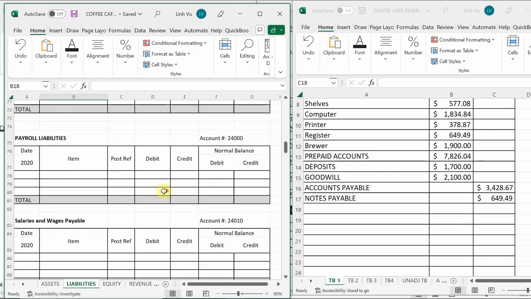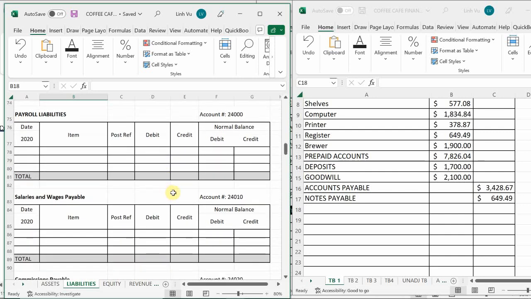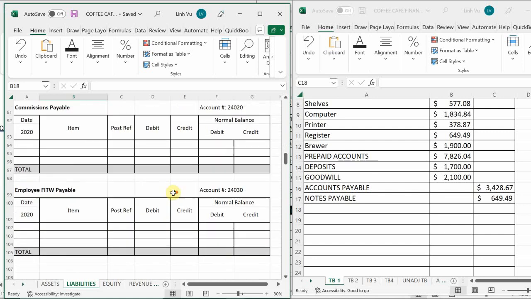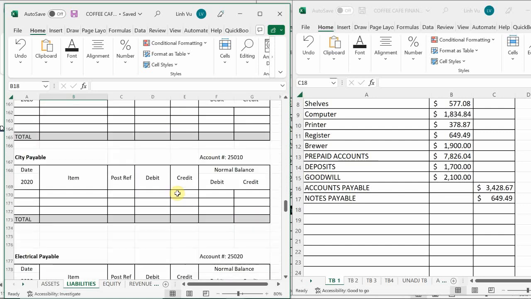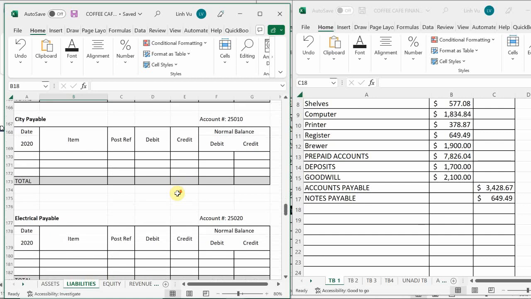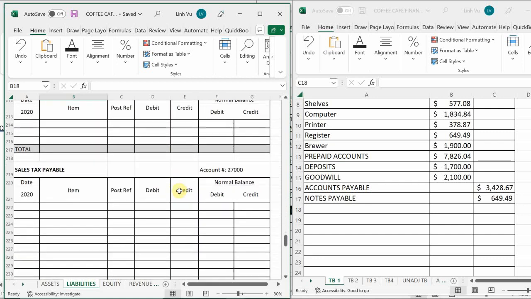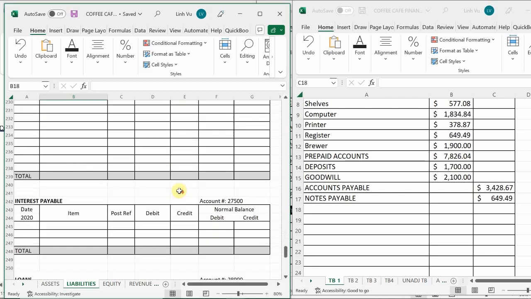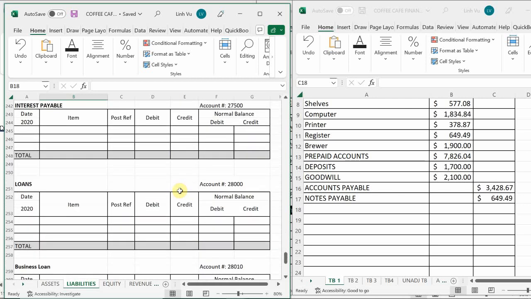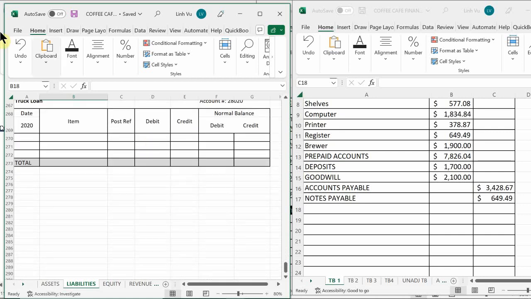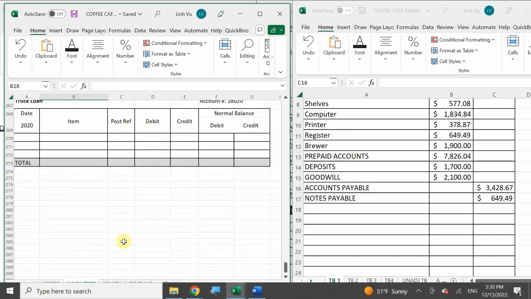So here are a few liabilities that you'll be taking a look at. But in this case, that's it for the liabilities, right? We haven't gone through payroll. We haven't gone through unearned revenue or any utilities payable. So unearned revenue, sales tax payable, interest payable, loans. We haven't done any of those yet.